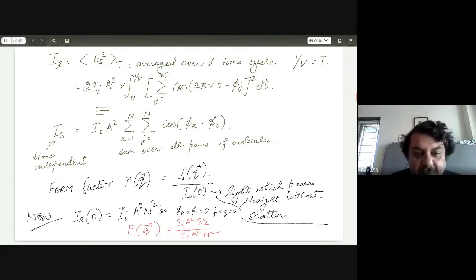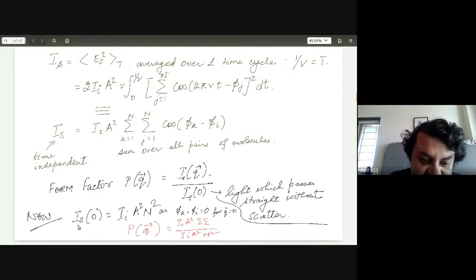Now, the form factor P(q) is defined as I_s by I_s0, where there is no scattering if the light passes straight. So this is q, which has formed an angle, and this is q equal to 0, which means light which has passed straight without a scatter, and that's what is basically the form factor.